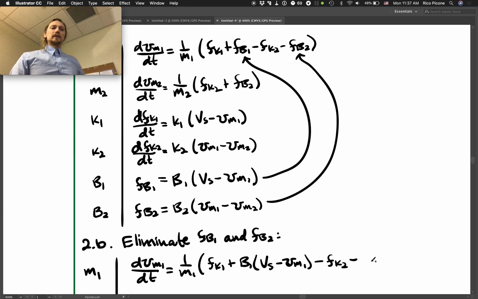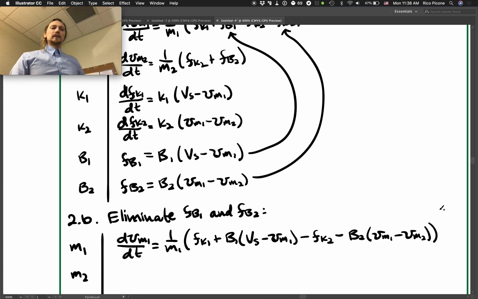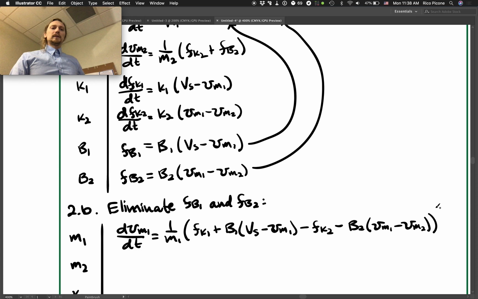So Fb2 is just B2 times Vm1 minus Vm2. Great. So that equation's done.